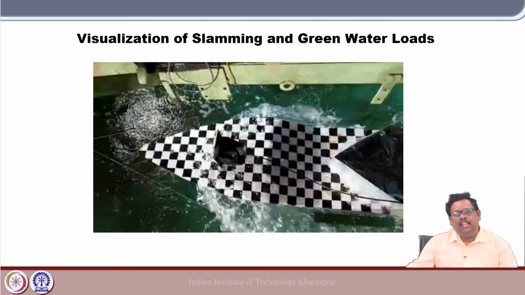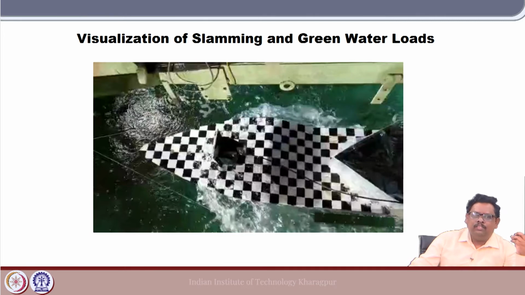Frankly speaking, both are not very easy to capture, however you can see the importance from this video. Though it is very difficult to compute, we still need to give some kind of idea or approximation, some formula, to figure out the slamming load and the green water load.